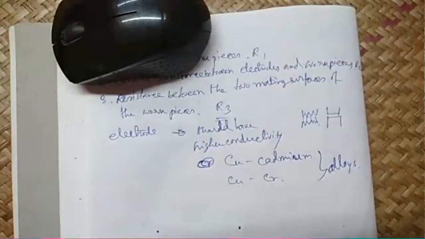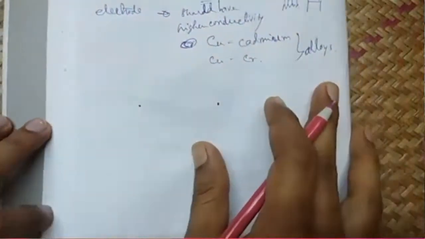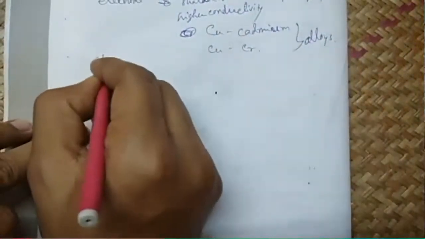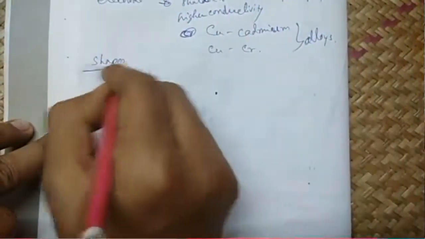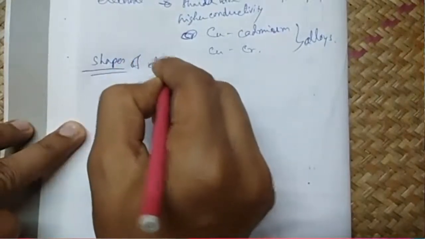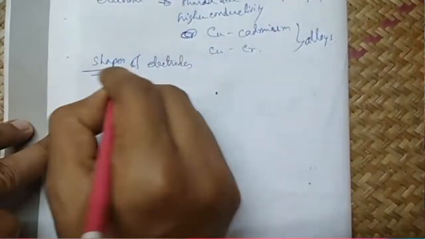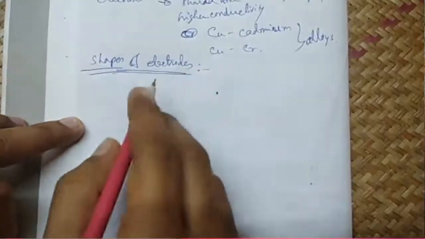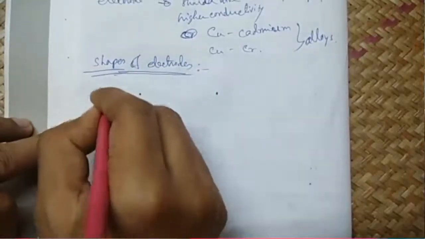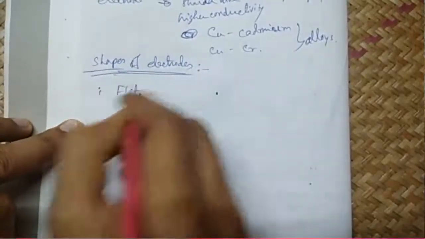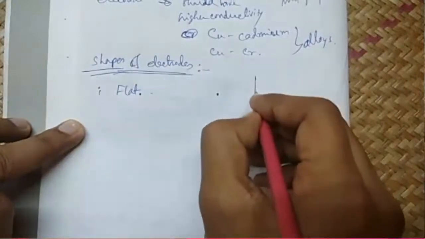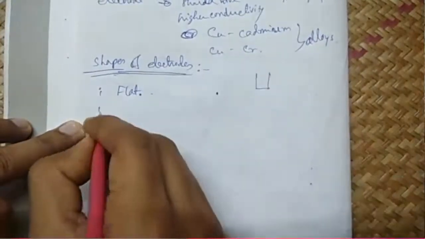Now the shapes of the electrodes are several types. Shapes of electrodes: there are three types. Number one, flat, flattened like this type.